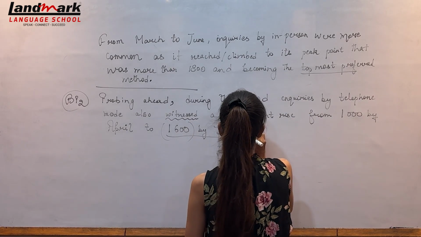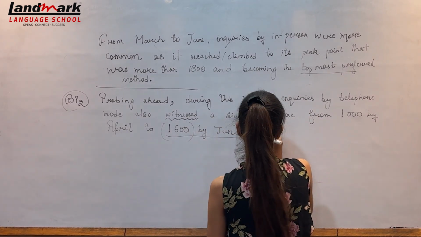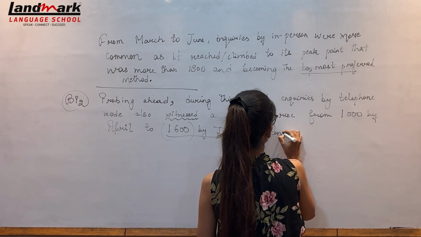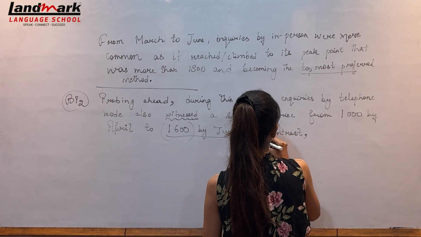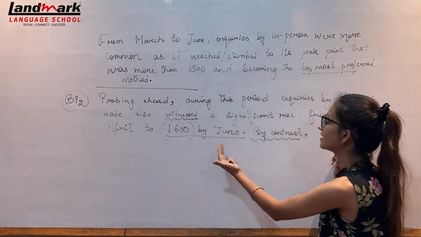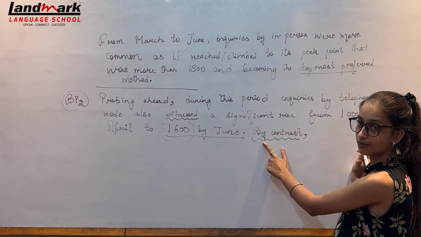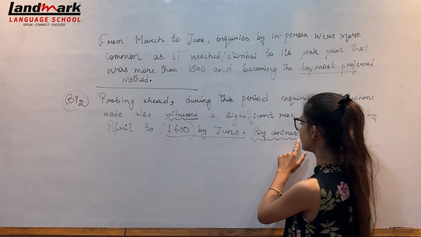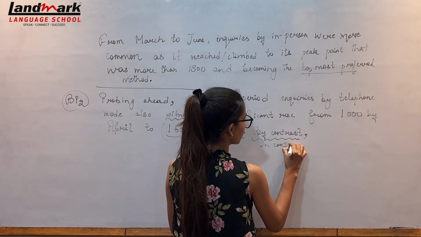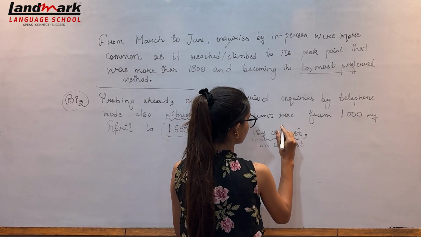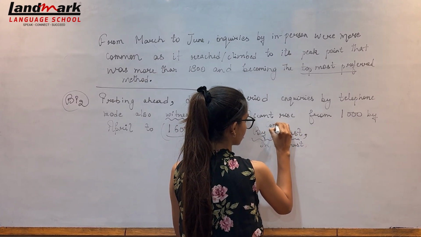Okay, so now we are left with only letters and emails, which is the least preferred method in the end. So we will write "by contrast" as we are writing something opposite. So the connector will be by contrast, or you can use in contrast, or another connector is conversely.